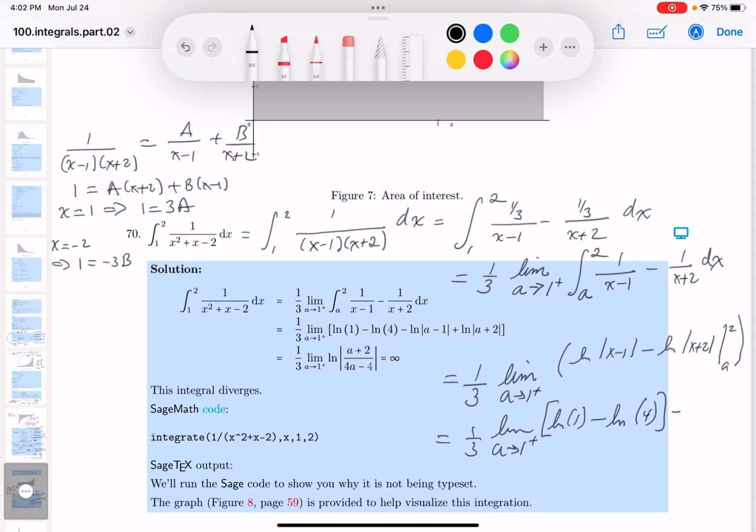Now I'm going to write this as a quotient. The natural log of a minus 1 over a plus 2. All right? Oh boy, that looks tough. Not really. What are we going to get?